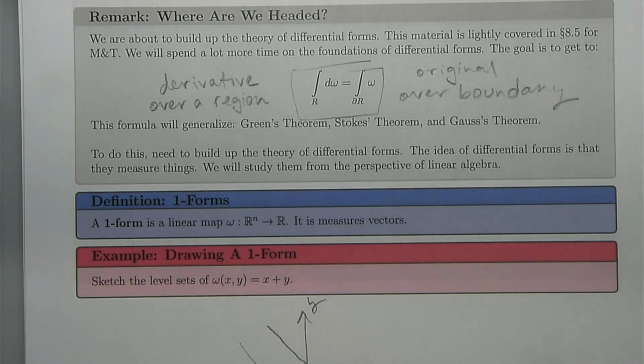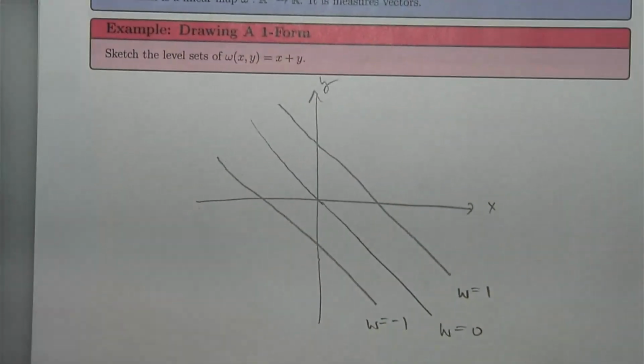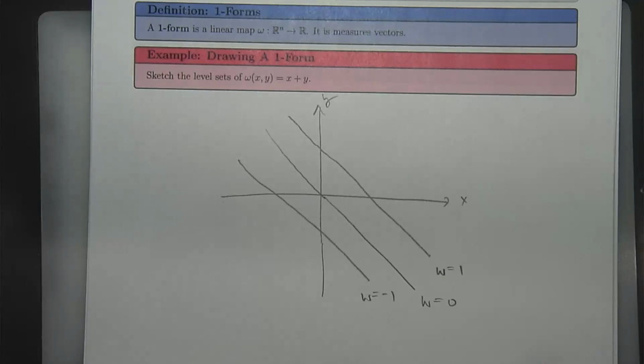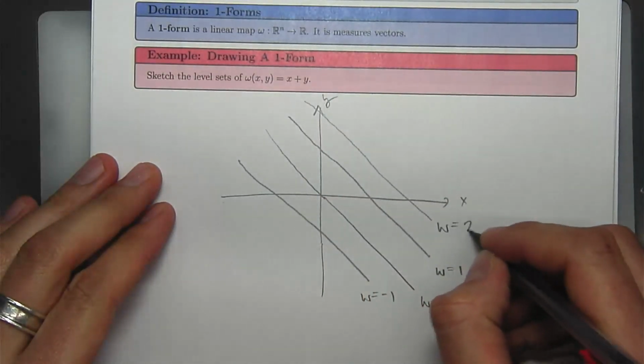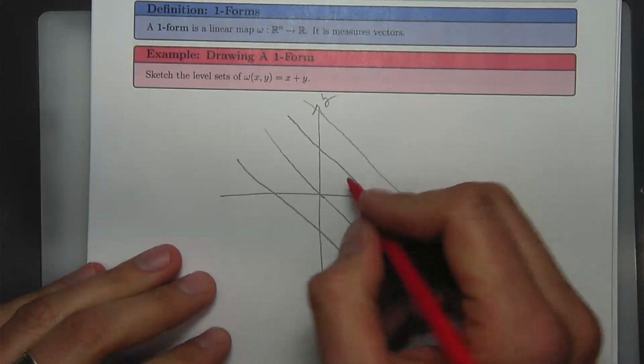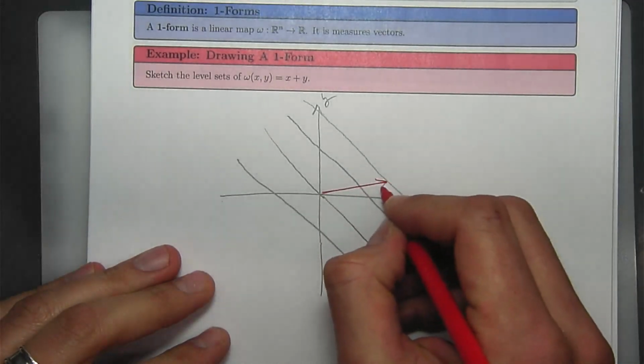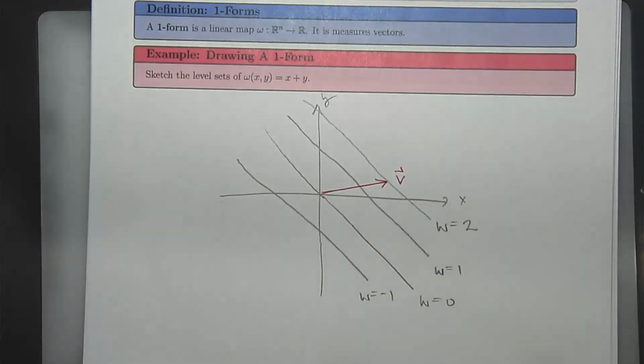So what these things are doing is, oh, you can't see the picture. So what is a one form doing? It's giving you a means of measuring things. So if you give me a vector, I can then tell you which level set that vector is in.